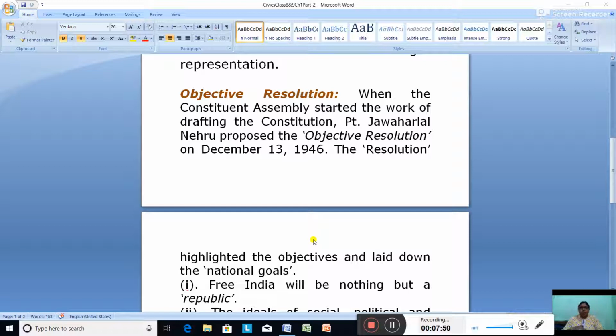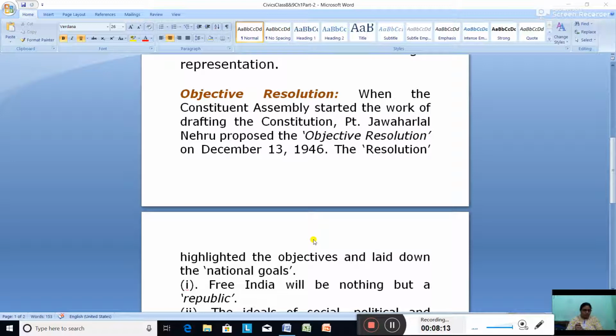What are the principles he incorporated? Making the Indian constitution workable, flexible, and strong enough to hold the country together both in peace and in war.